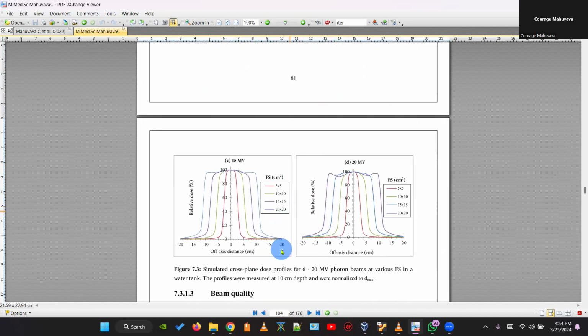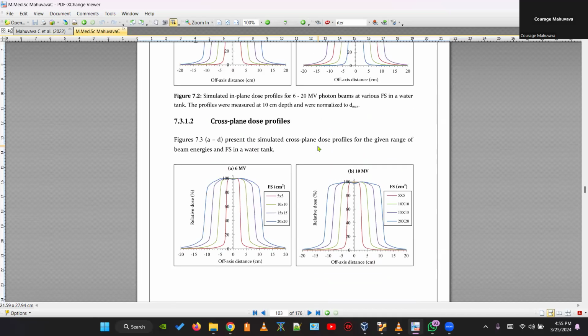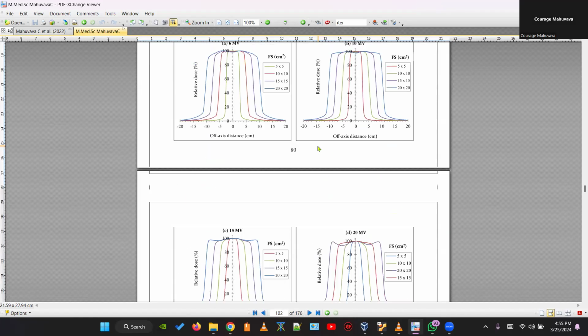Profiles, you can calculate them in either cross plane or in plane. This simply means in the X direction or the Y direction. Or if you want to understand it in different terms, it's either you're calculating your profile in the direction that your MLC is open or perpendicular to that direction. All right. But I think when we do the actual simulation, you'll understand.